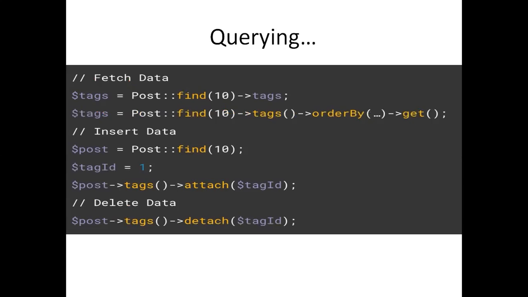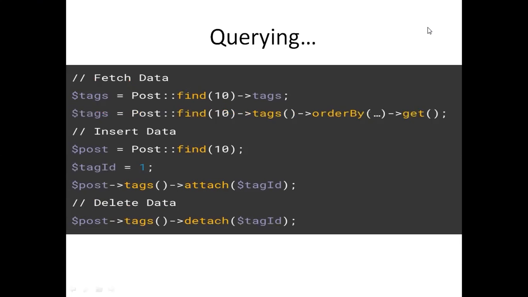The tag table has a name, and the tag will be there already, because one tag can have many posts. So the tag should already be created. The same tag I'm just going to assign to the post, so that is why I have to use attach.